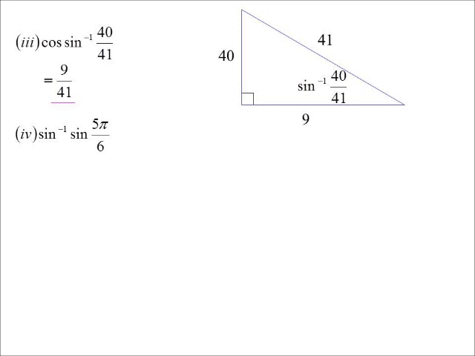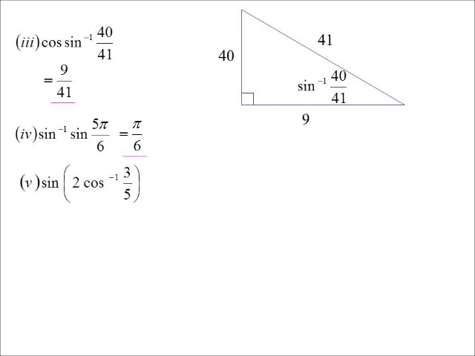So the equivalent answer for 5 pi on 6 would be pi on 6. Has to be either acute or negative acute. Well, we know the sine of 5 pi on 6 is a positive number. Therefore, I'm getting a positive acute angle here.